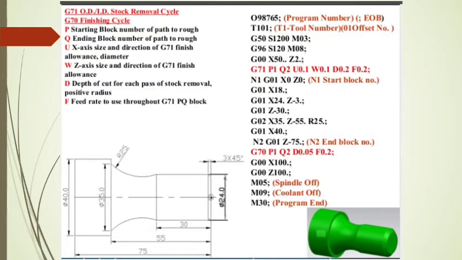To write this particular G71 line, you don't have to worry about the geometry of the given object. You only have to worry about the specifications or the parameters of the CANT cycle. Geometry part for the required part is written in lines from N1 to N2.